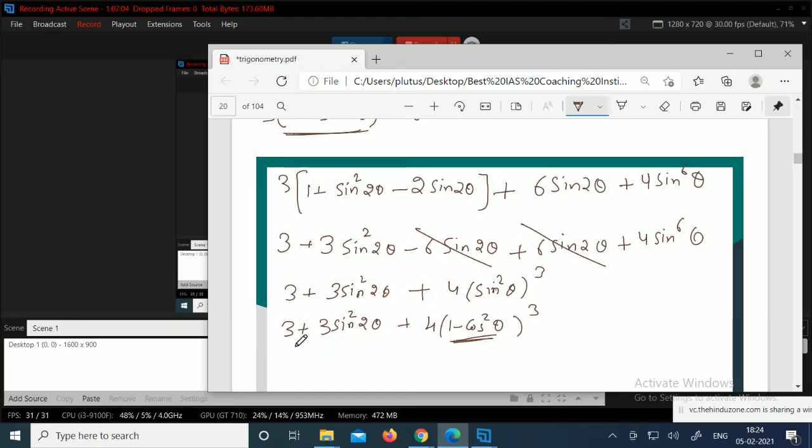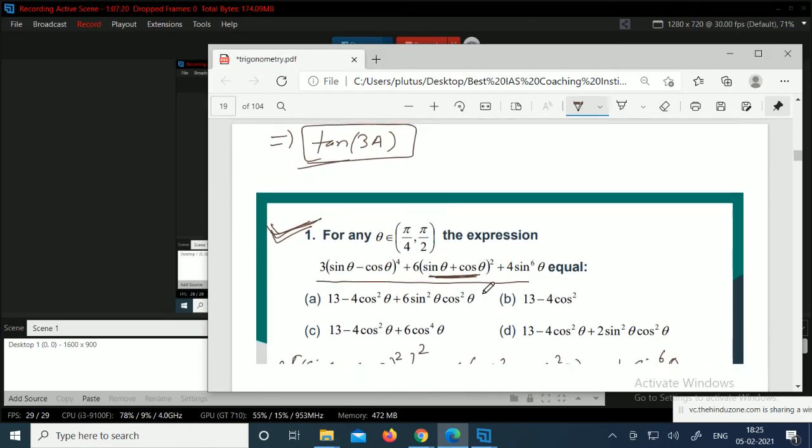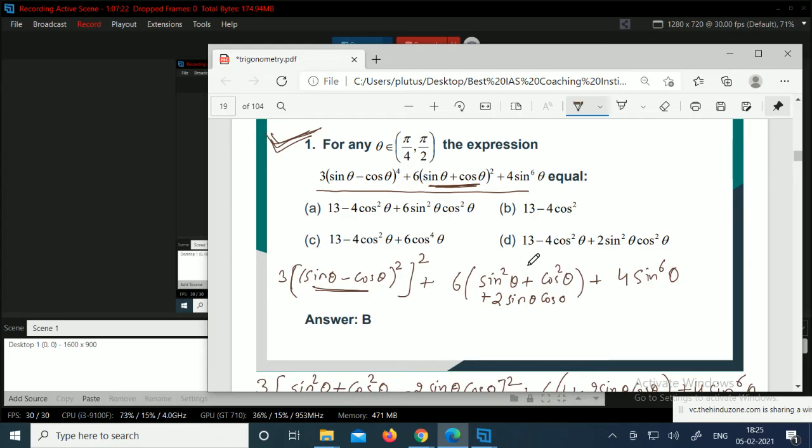Okay. Look, can we conclude from this expression by comparing with the options? Can we compare this expression with the possible 4 options and conclude what will be the answer?